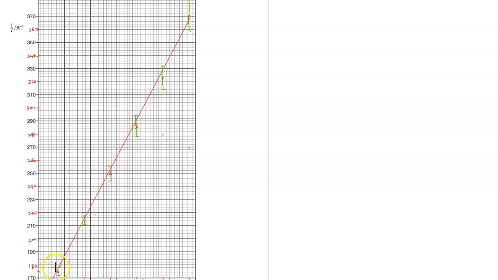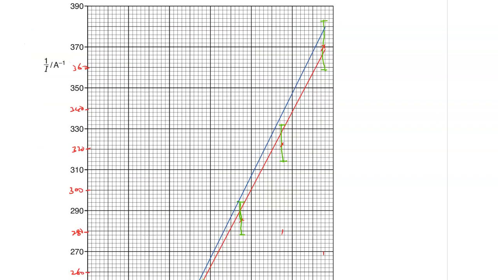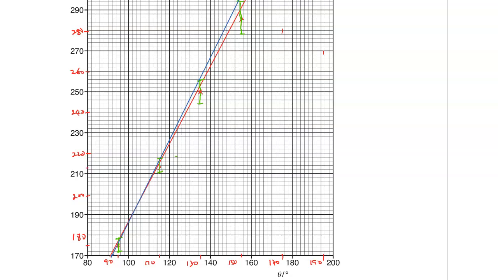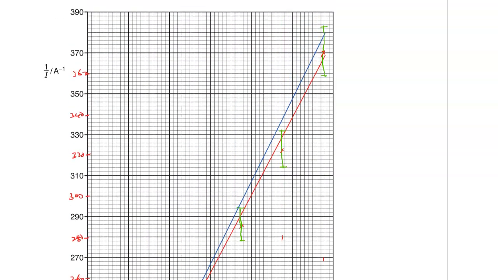It should go through all the error bars. Guys, be patient with me, I'll get it right. Hope that's good. It is touching all the error bars, I suppose. Something like that. So that is our worst acceptable line, right there, you can see it.